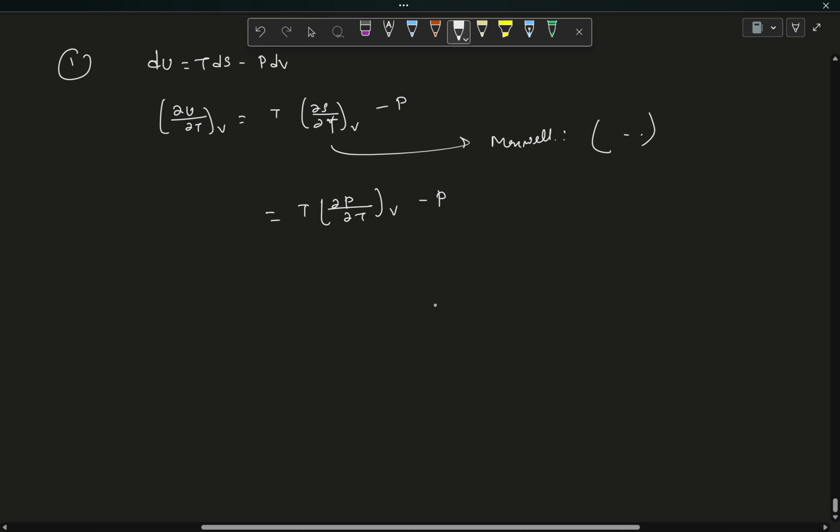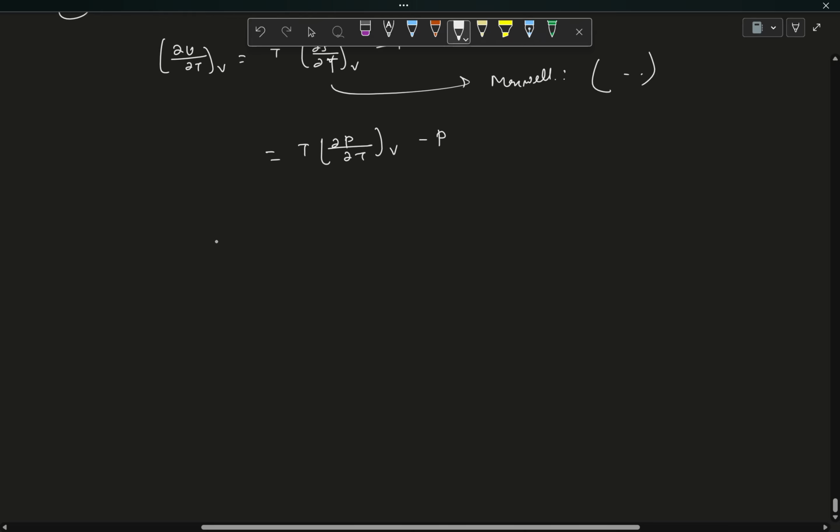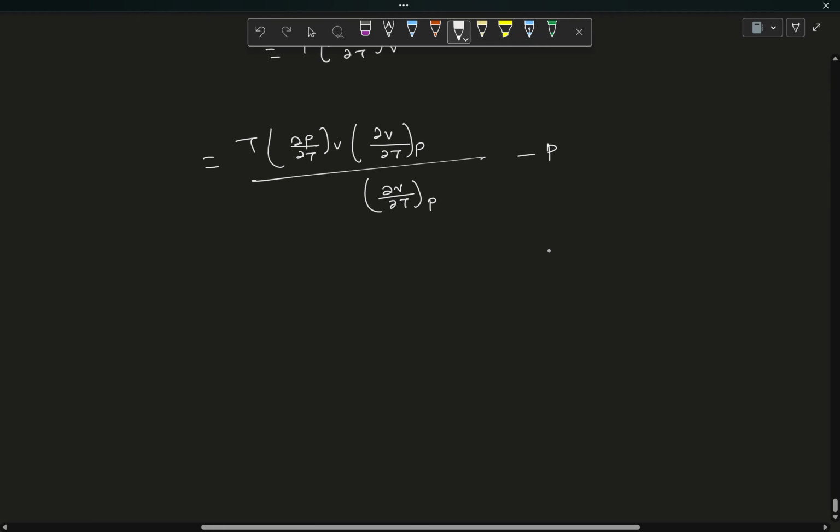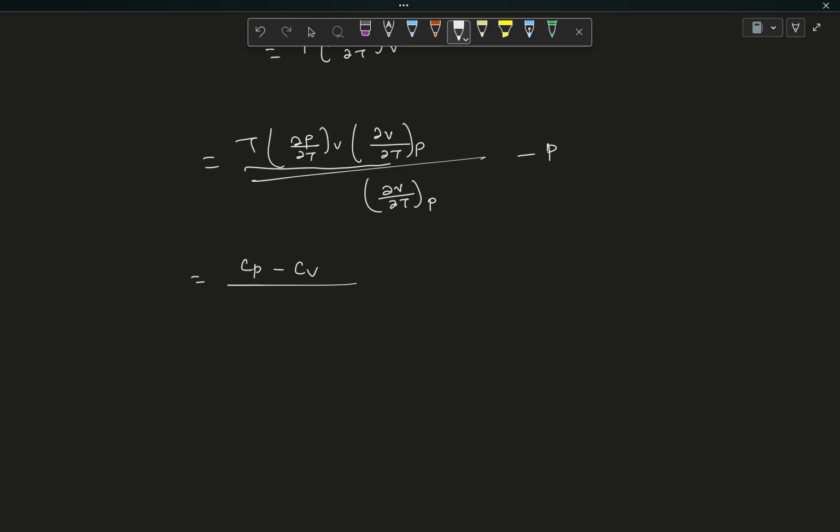I have changed that. So now once you have that, you can adjust and multiply one term in both numerator and denominator, and that is del V del T at P constant. To adjust that, you have to also present it in the denominator. So this is the case, minus P. This term is probably familiar to you up to this point. This is just a simplified form of Cp minus Cv, divided by this term, which is basically beta P times V, because beta P is the volume expansivity, which is 1 by V del V del T at P constant.